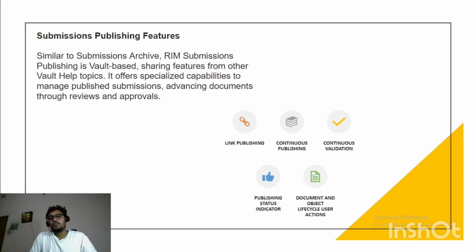We'll go through each concept in detail, but in the beginning, I can say that, similar to submission archive, RIM submission publishing is also a Vault-based feature, shared from other Vault help topics. It offers specialized capability to manage publishing submissions, advancing documents through review and approval. We'll discuss more on this in the next slide.